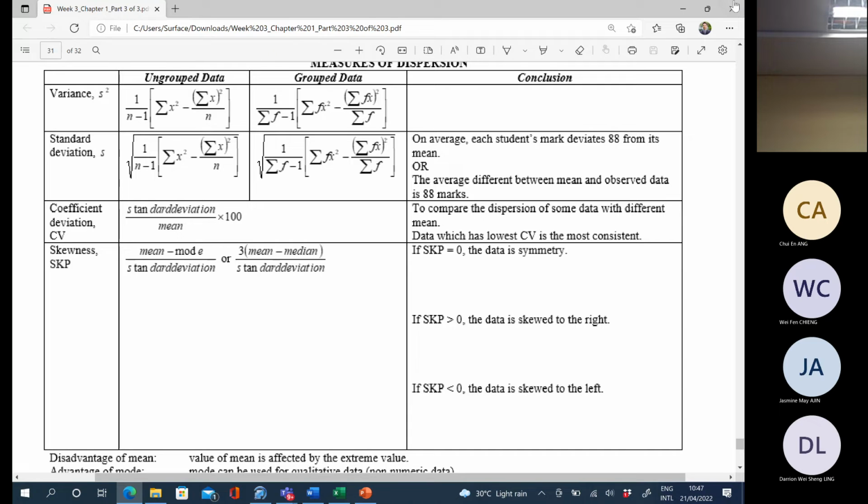So this skewness formula is used to identify the pattern of the data distribution.